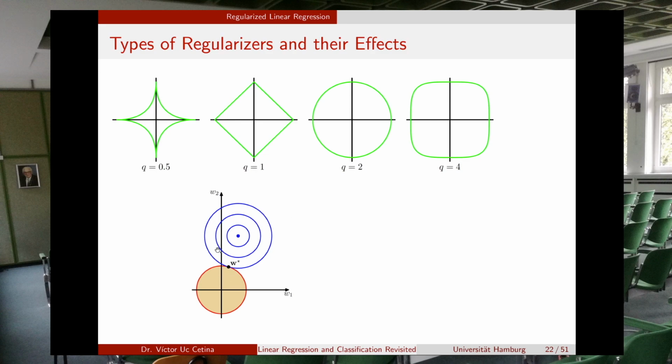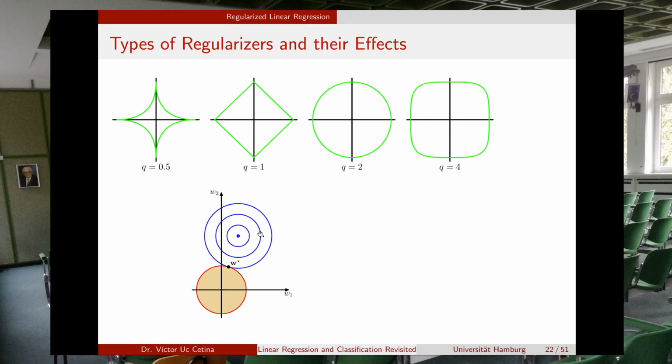So these blue contours represent the possible values that the parameters can take. In this example we are looking at two parameters, W1 and W2. So any position in these blue contours will represent a specific value of W1 and a specific value of W2.